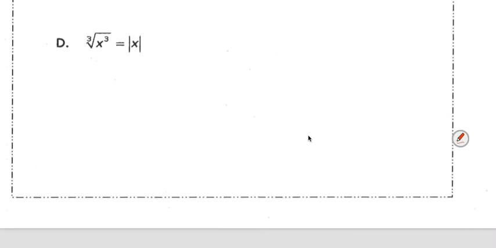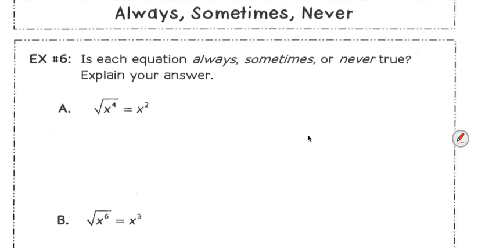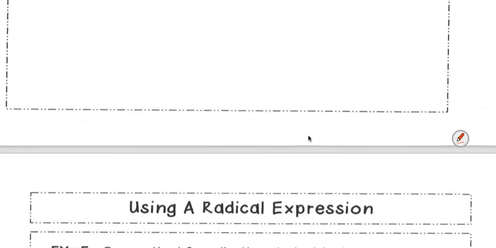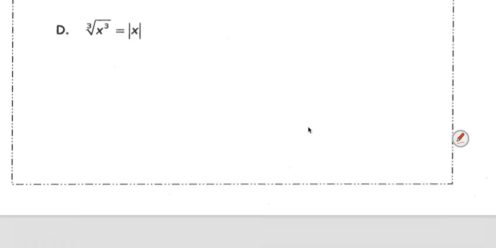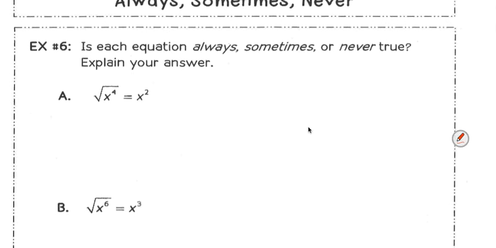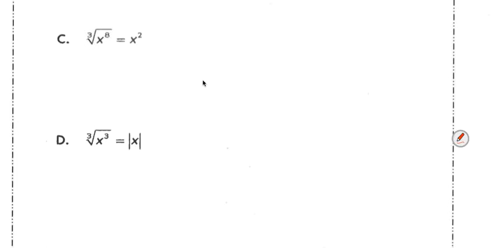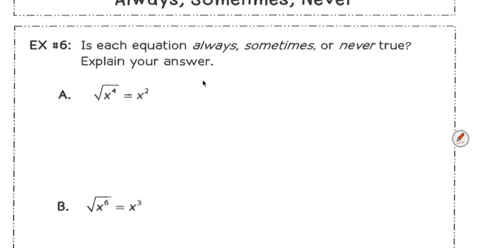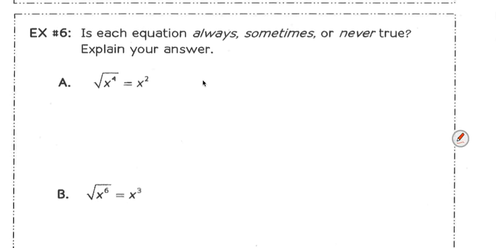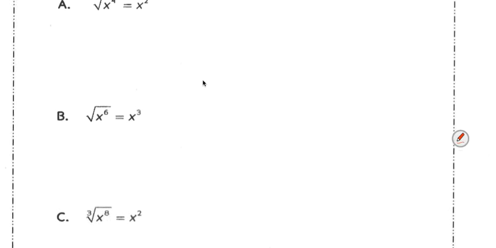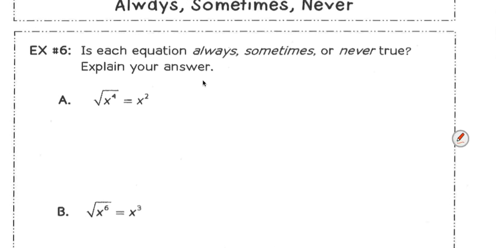Last, we are going to skip over here to example 6. We're going to skip example 5 for right now. Example 6, always, sometimes, never. So here we have 4 different problems and 4 different answers. These answers might be exactly correct, in which case you'd say always.